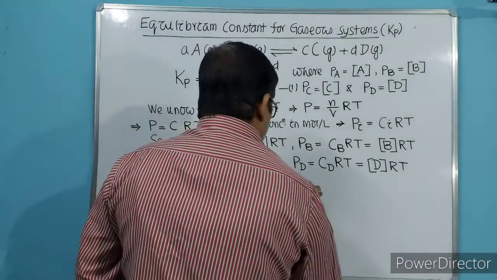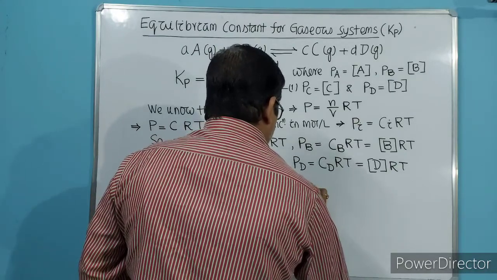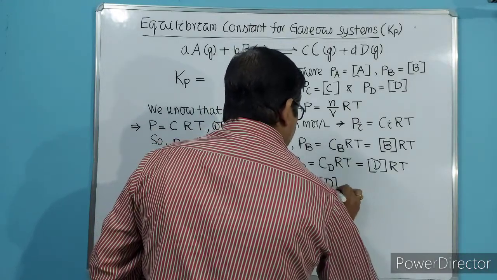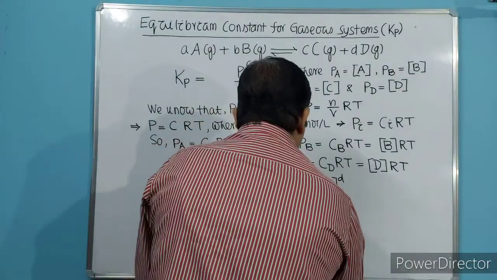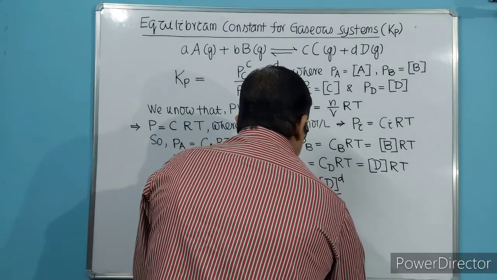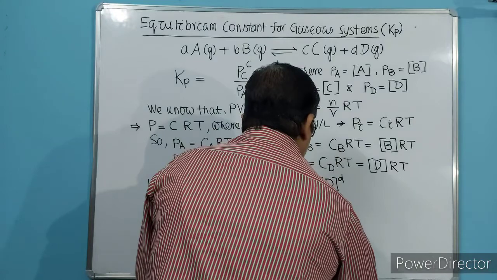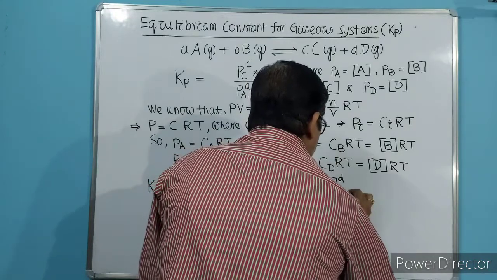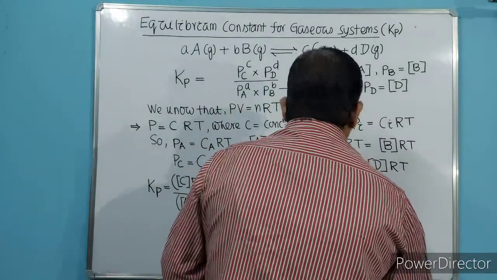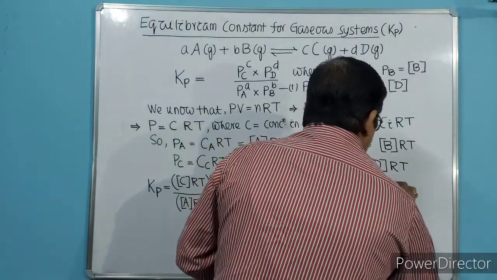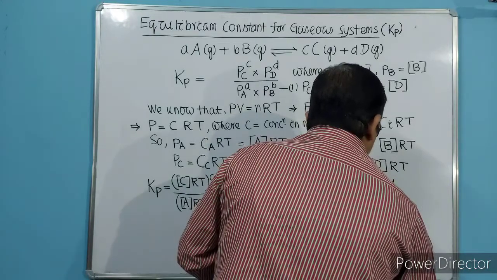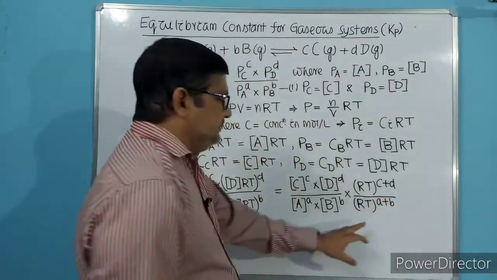Kp will be equal to concentration of C to the power C into concentration of D to the power D, divided by concentration of A to the power A into concentration of B to the power B, into RT to the power C plus D, divided by RT to the power A plus B. What are A, B, C, D?